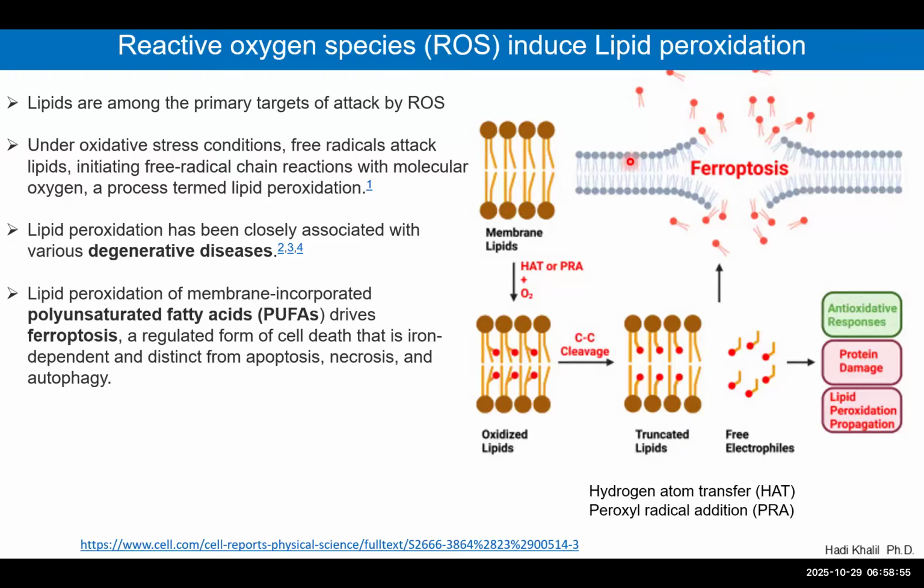So as you can see, the type of cell death that I mentioned is ferroptosis. So it's fairly dependent on the levels of the iron. It is also an ATP related type of cell death.